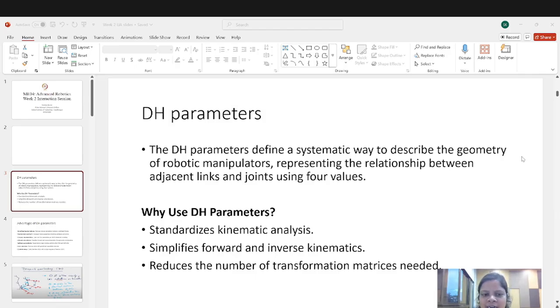I hope you understand the difference between forward and inverse kinematics. If not, we'll have a problem for the same. It also reduces the number of transformation matrices needed. You might require more transformation matrices for going from one frame to another, but in this case it is reduced and it is a very systematic way of doing things.